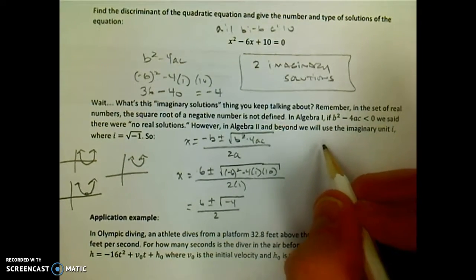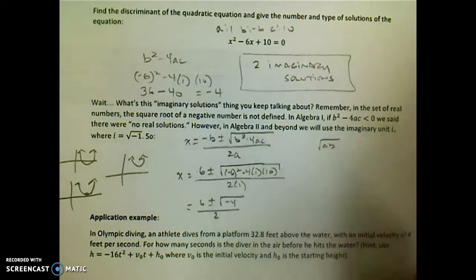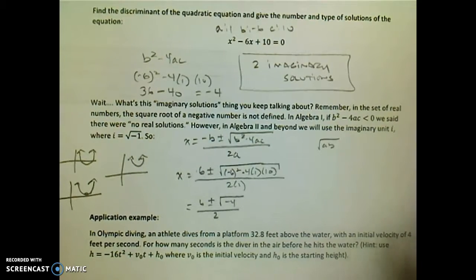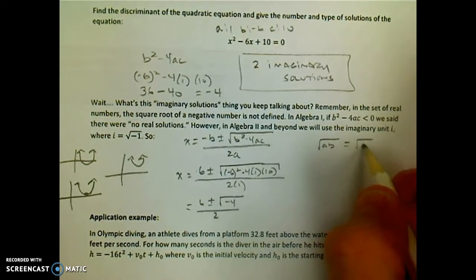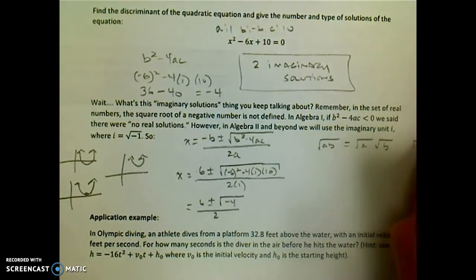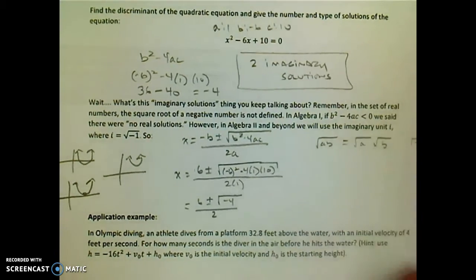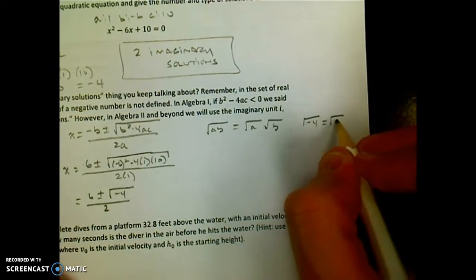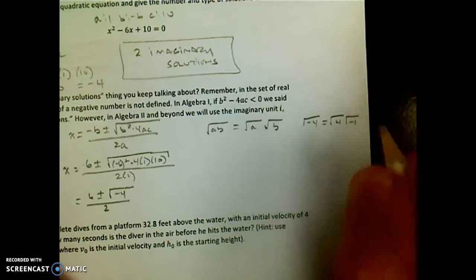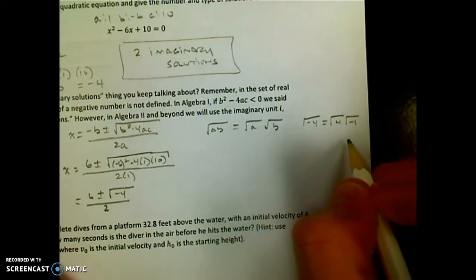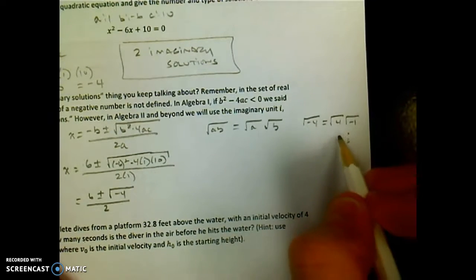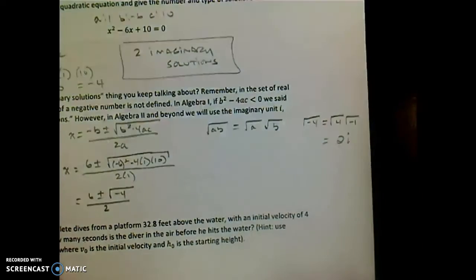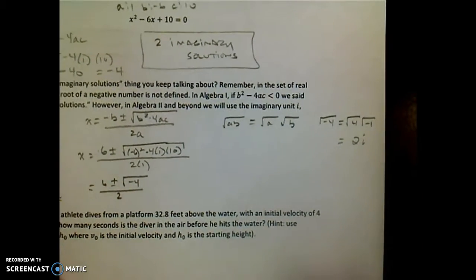Well, we know that if I have a radicand, I can split it into two factors, and each can get its own individual radical sign. Well, in this case, the square root of negative 4, I'm going to go ahead and break that down into the square root of 4 times the square root of negative 1, which remember the square root of negative 1 we call i. Square root of 4 is 2, so the square root of negative 4 we say is equal to 2i.